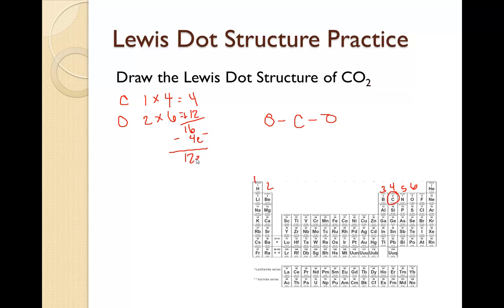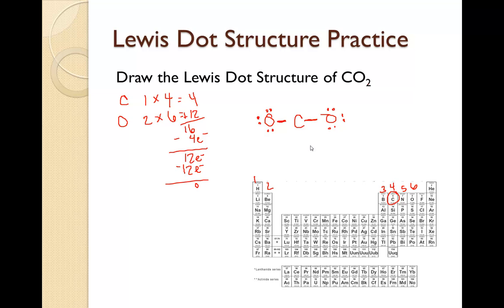Next step is to put in the lone pairs until we have an octet. We have 2 electrons, which means we need 6 more. 2, 4, 6. 2, 4, 6. Alright, we have now used all of our electrons. We have an octet on each oxygen. We only have 2, 4 on the carbon, so we need more electrons around the carbon.